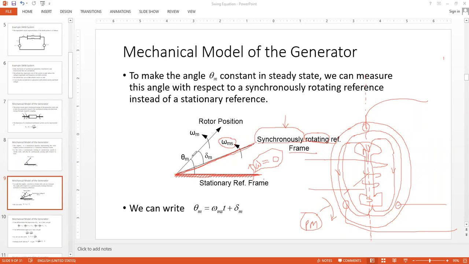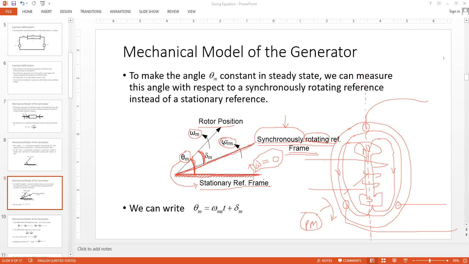The rotor position, when measured with respect to the stationary reference frame, is theta, this bigger angle here. However, if we measure the same rotor position with respect to the rotating reference frame, we call it delta. The rotor speed is denoted by omega m, and the rotor position is denoted by theta m with respect to the stationary reference frame.